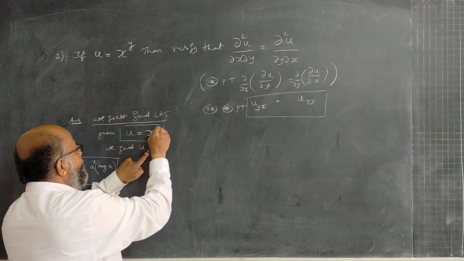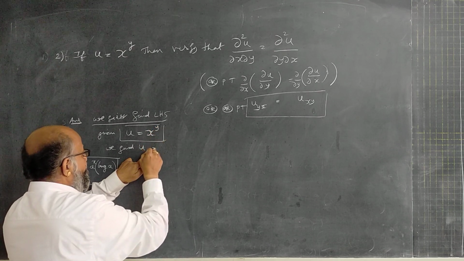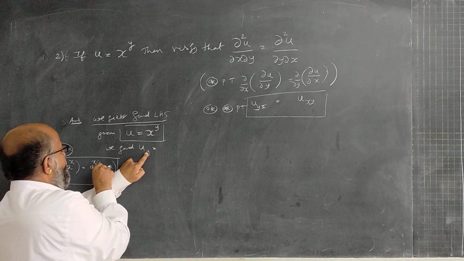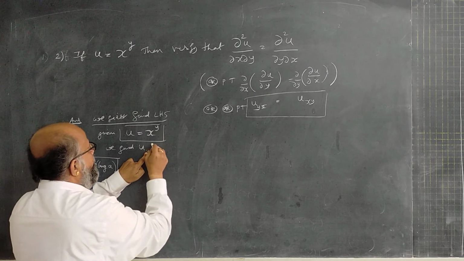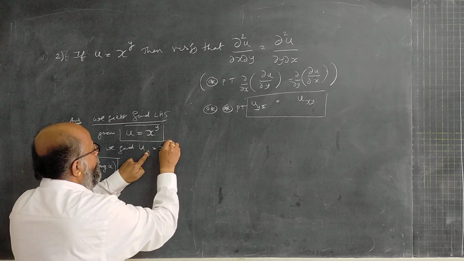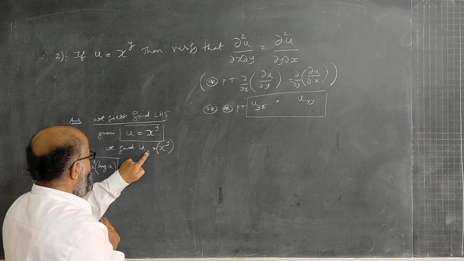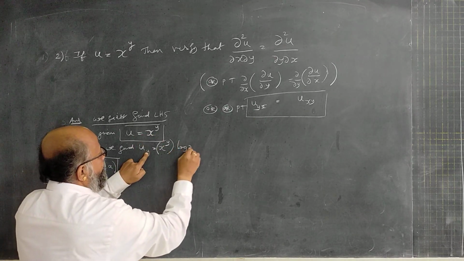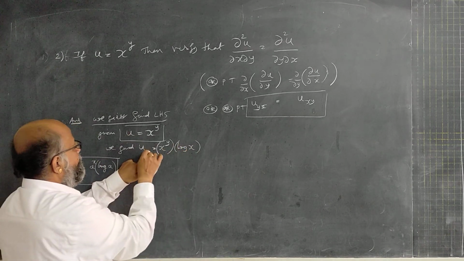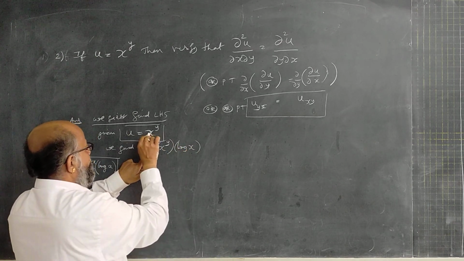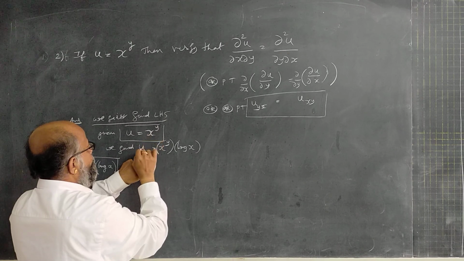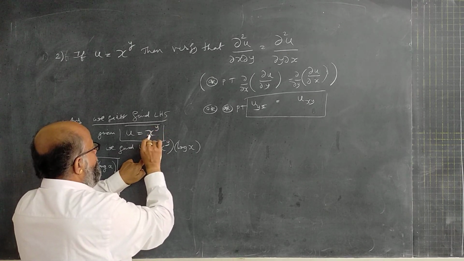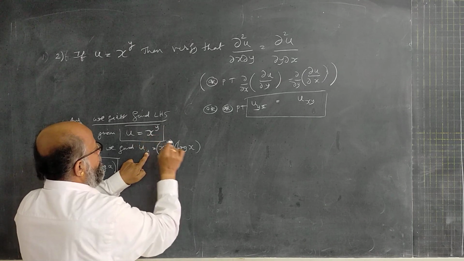So when you differentiate a to the power of y with respect to y, the answer is a to the power of y into log a. Therefore, here it is x to the power of y into, instead of a, x, into log x. Because any x term is like a constant number, the answer is x to the power of y into log x.